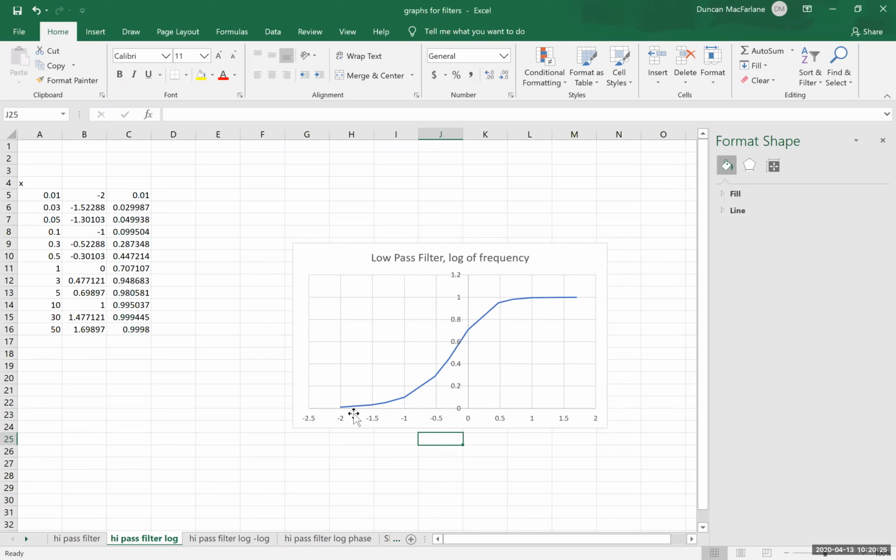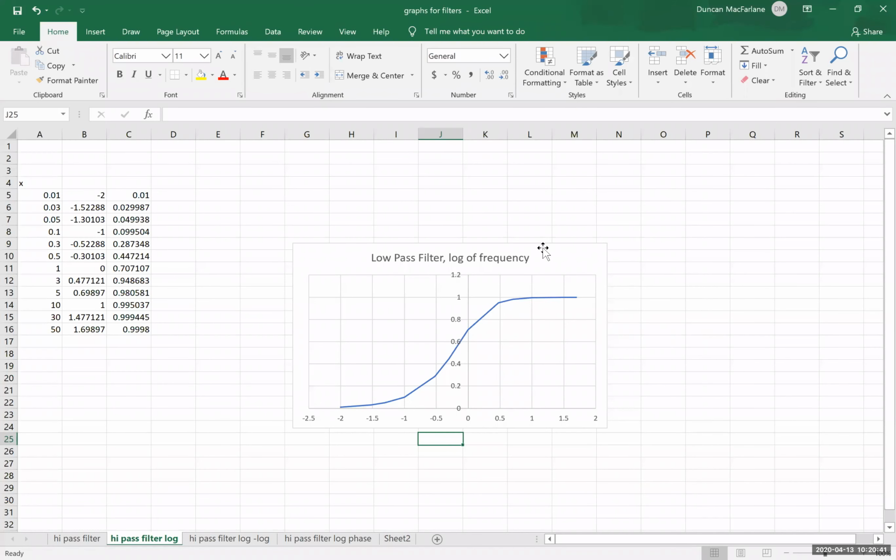So here's a decade of frequency. Here's another decade of frequency. Here's another decade of frequency. And here's another decade of frequency. And so this is a much more common representation because we're dealing with orders of magnitude of frequency. It's much more common to take the log of those frequencies.